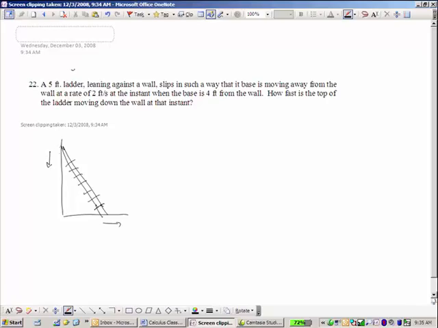The idea is that when the ladder drops a little bit at the top, it actually goes out a lot at the bottom. When it drops a little bit here, it goes out a lot. When it drops a lot here, it goes out a little bit.